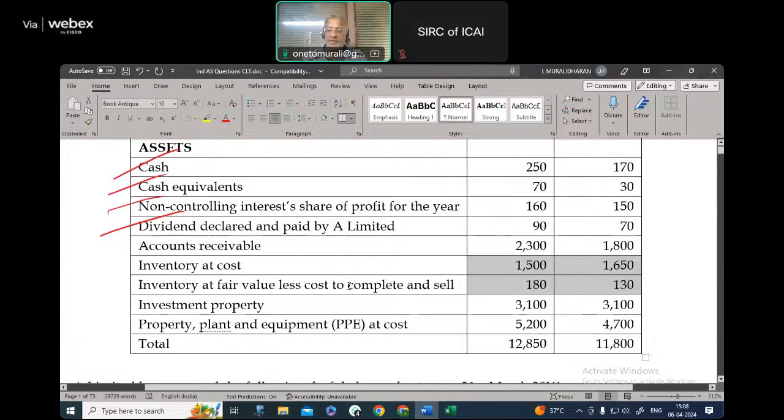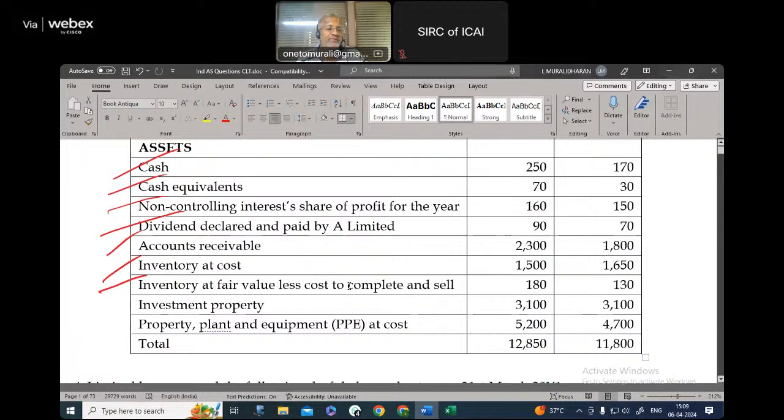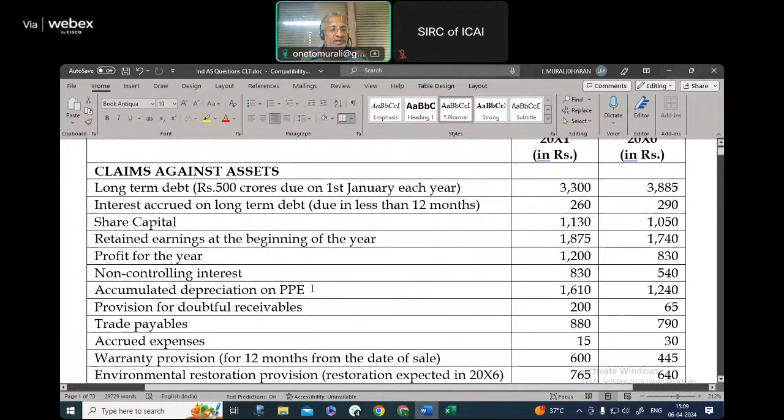Almost we have completed accounts receivable, inventory at cost, inventory at fair value less cost to sell. Investment in property: normally, when we have any depreciation, they will be providing. So here we understand accumulated depreciation only for PPE they have just given.